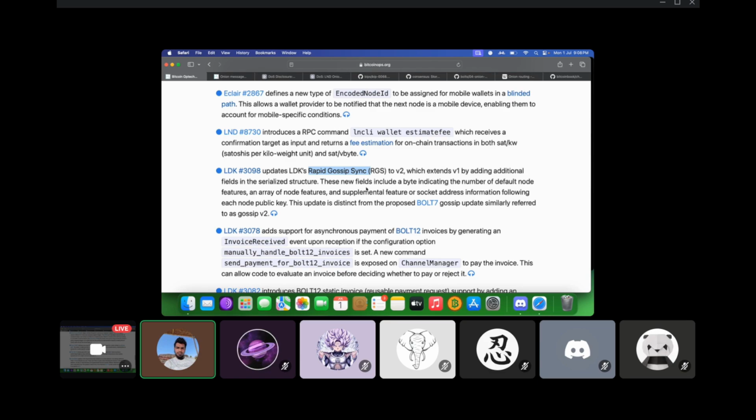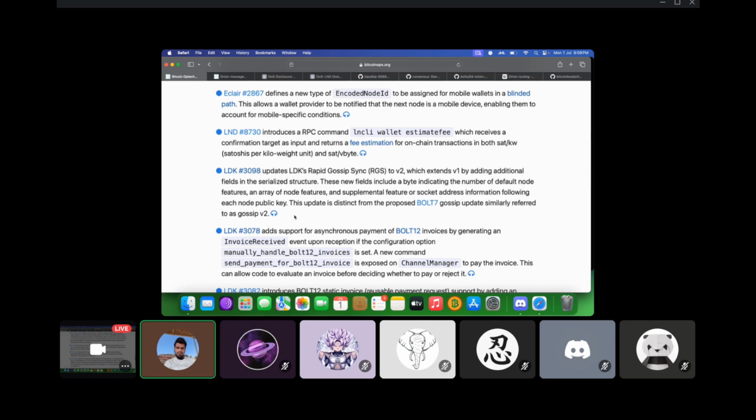And it also strips off some information, because it is supposed to be very compact. It is supposed to be used by devices that run on limited resources. So it strips off some information. Now the information that was being stripped off was not allowing features like Bolt 12 offers, for instance, to get implemented, right?